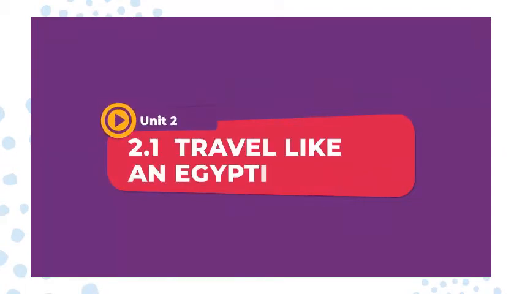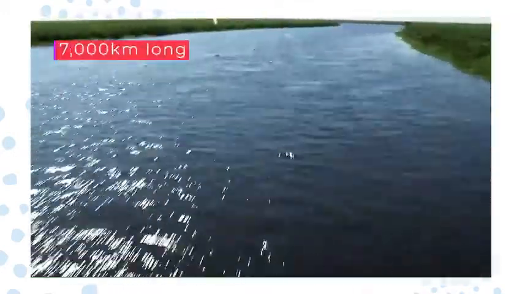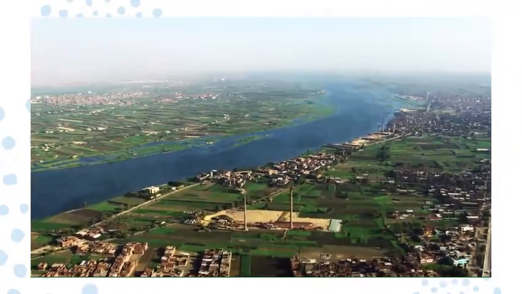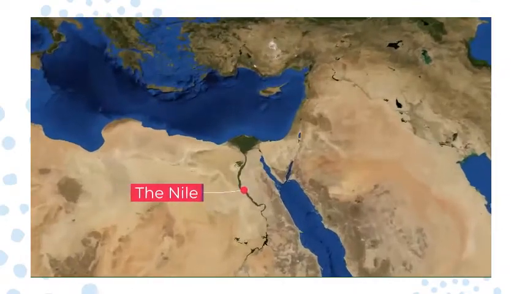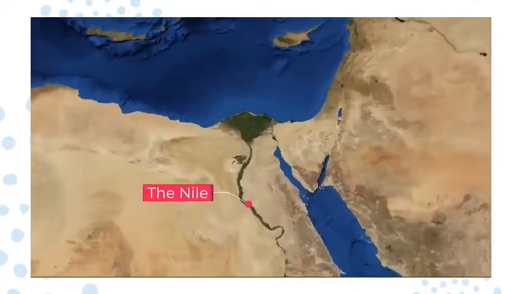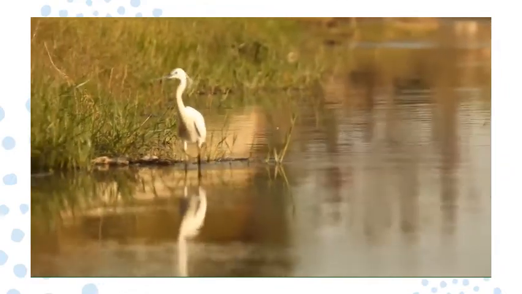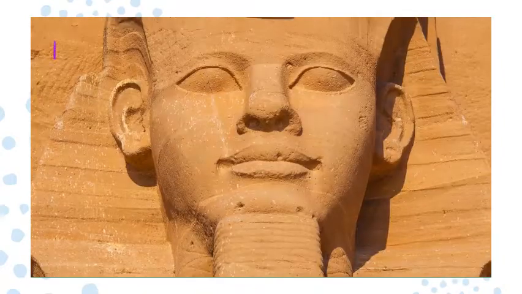Travel like an Egyptian. The Nile. Almost 7,000 kilometers long and one of the longest rivers in the world. It runs straight through Egypt from south to north and brings life to the desert. The first people to live near and use the Nile were the ancient Egyptians.